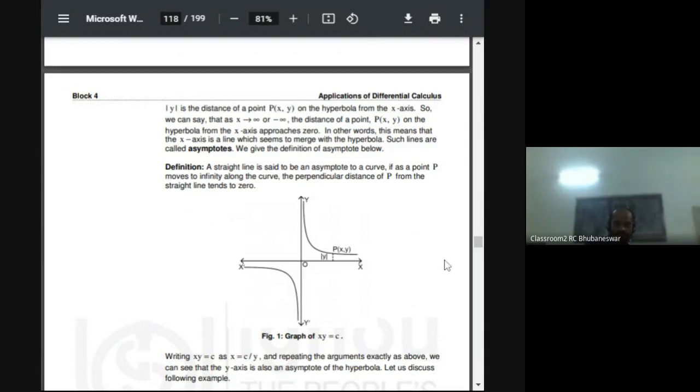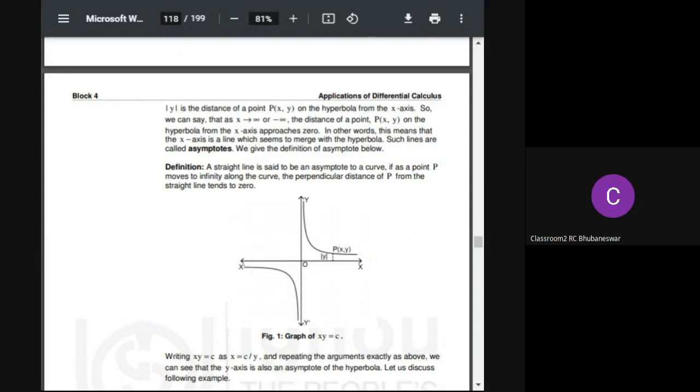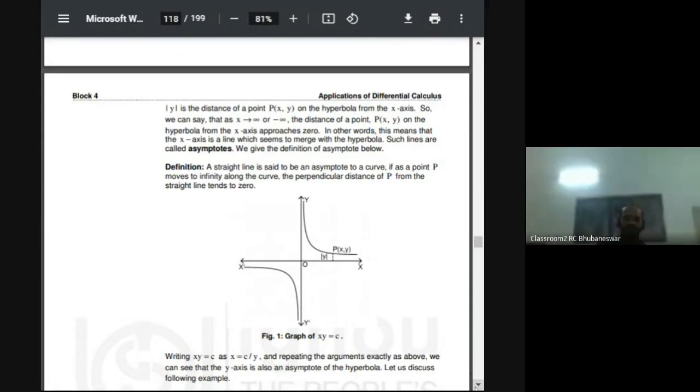That means we can say that the straight line is said to be an asymptote.